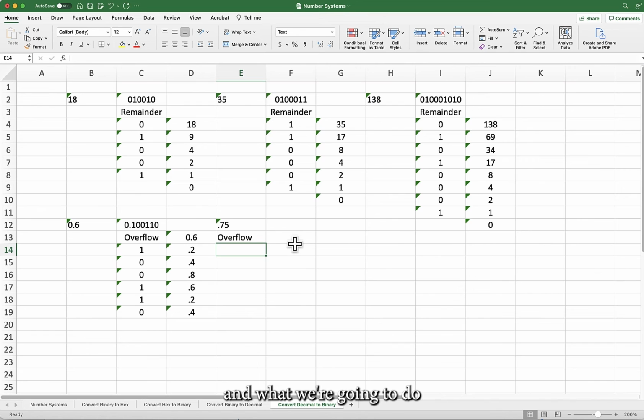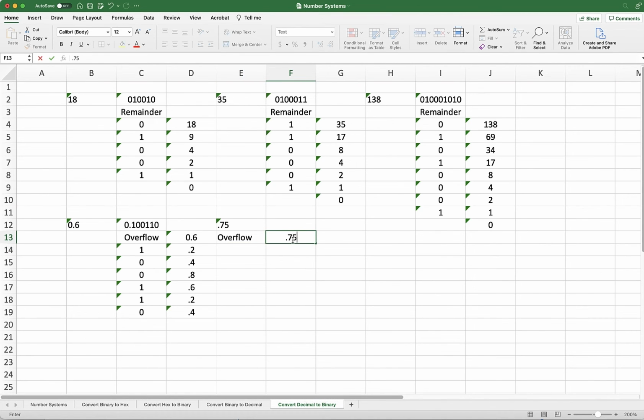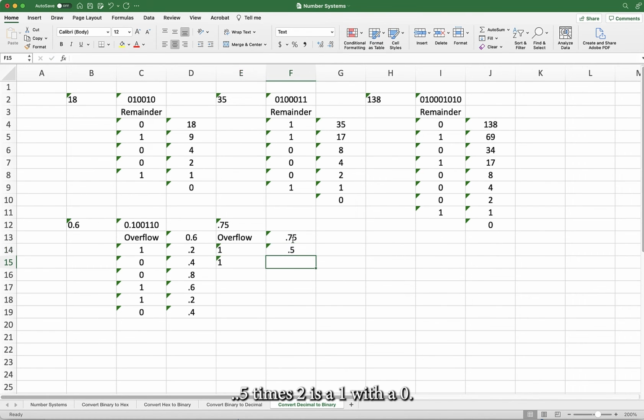And what we're going to do is 0.75 times 2 is 1.5. 0.5 times 2 is 1 with a 0. Now, once I've got a 0, that means I'm done. And so the binary fraction would be 0.11.